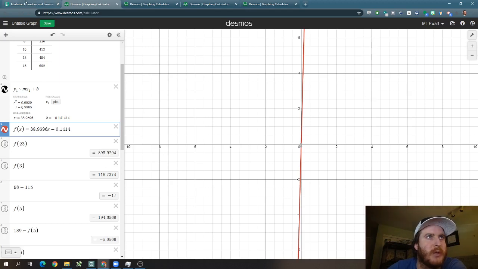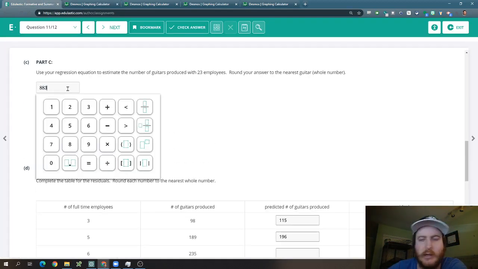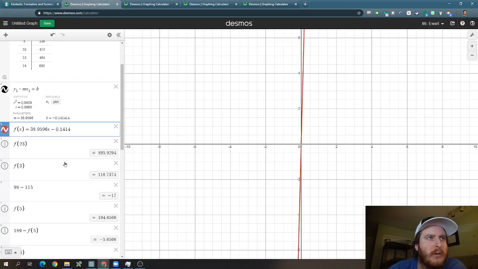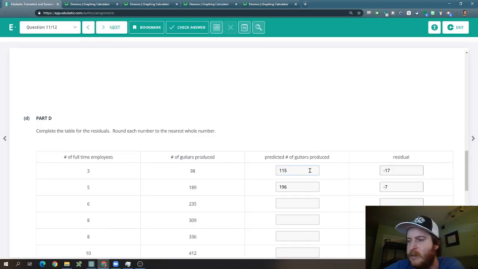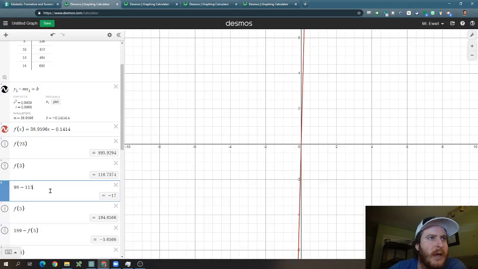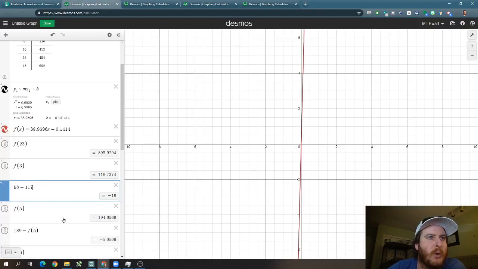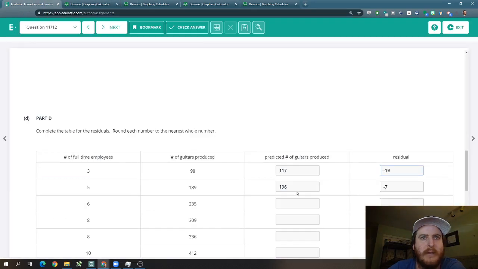So f of 23 should have been 896. And then we would get f of 3 is 117. And then when we do 98 minus 117, we get negative 19. Then f of 5, we'll get 195 if we round that. So 189 minus 195 is negative 6.